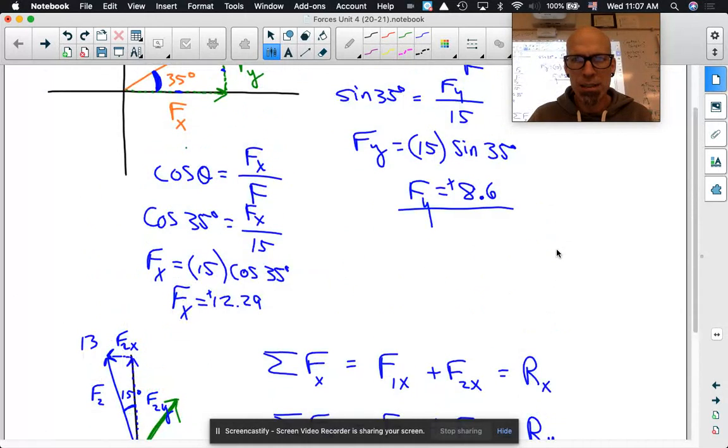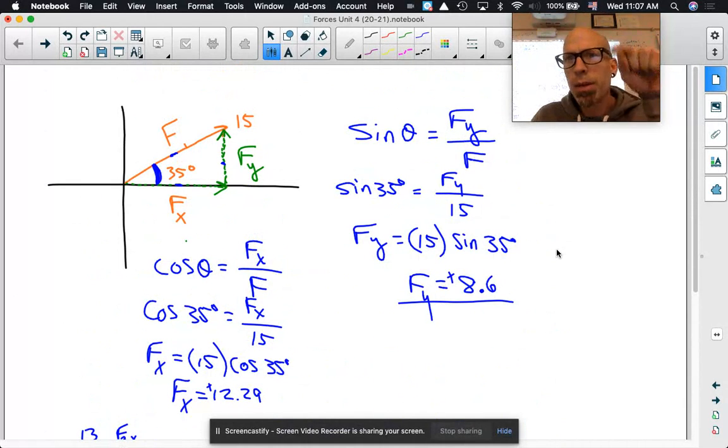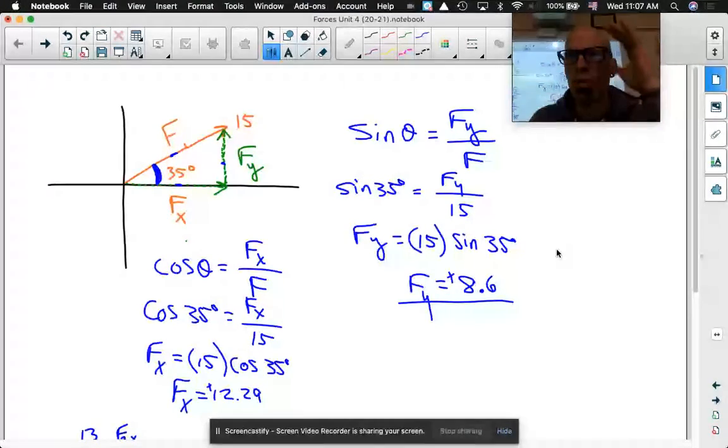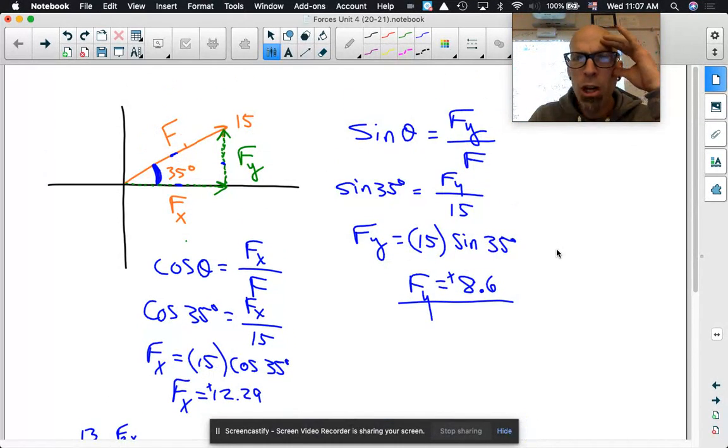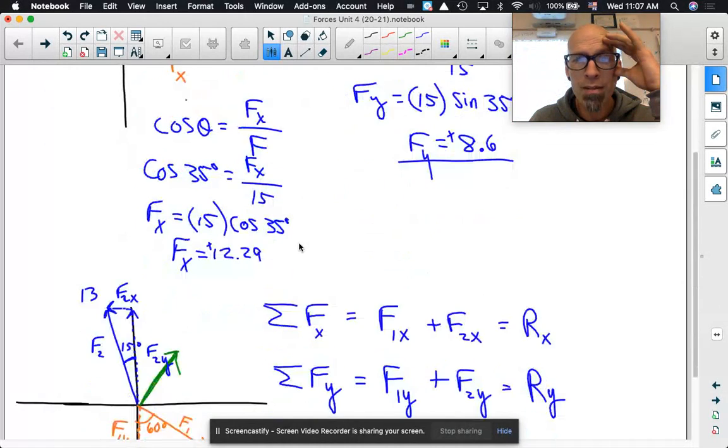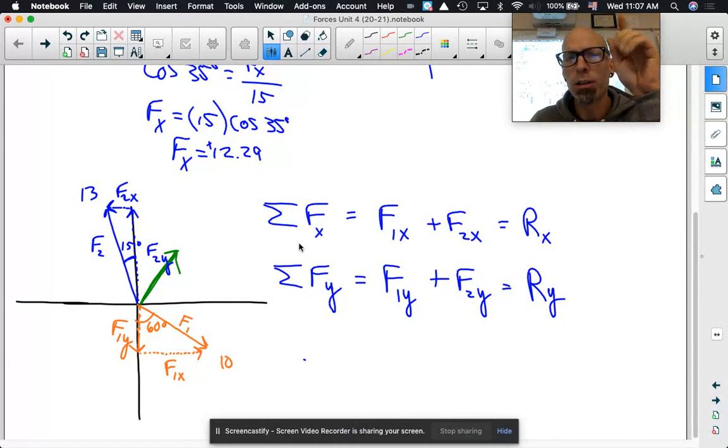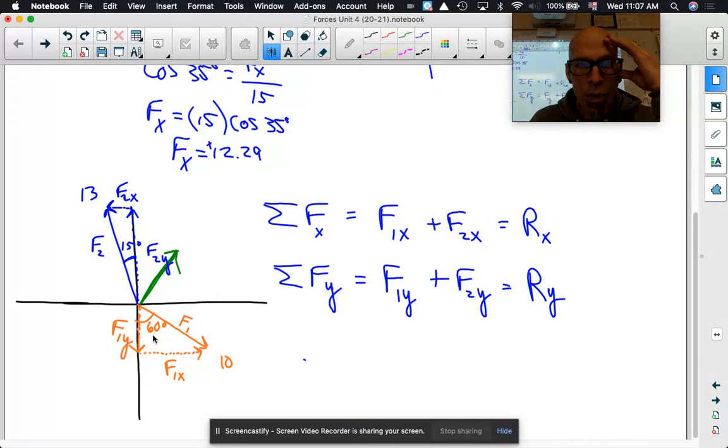So I think that's all I need to tell you now. Just know that you need this information. You need to be able to break vectors down into their components. In fact, here's your assignment. I want you to figure out what the F1x and F1y values are, and what the F2x and F2y values are.